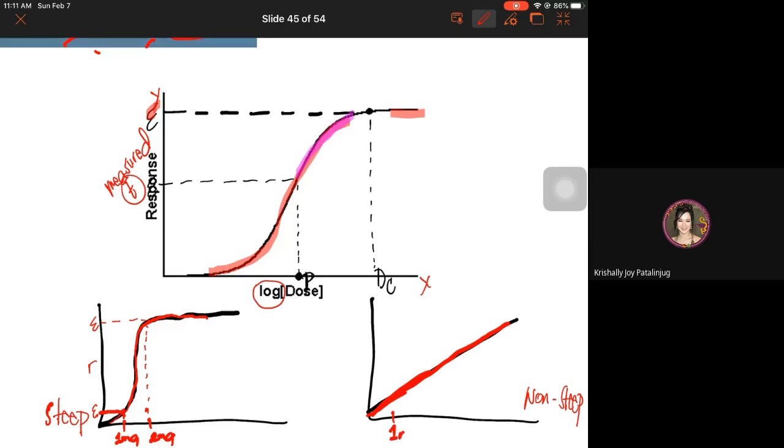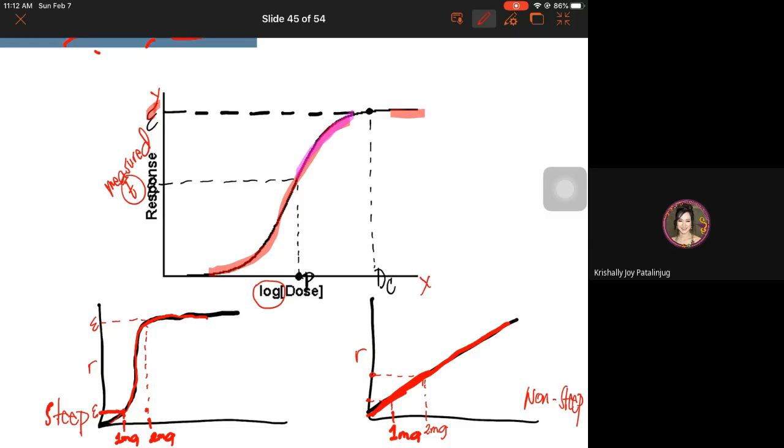Let's say you have 1 milligram of a drug, then here would be 2 milligrams. Even if we alter the dose by adding an additional 1 milligram, as you can see, there is only a slight change in the response of the drug. So that would be the importance of the slope in this aspect of dose response relationship.